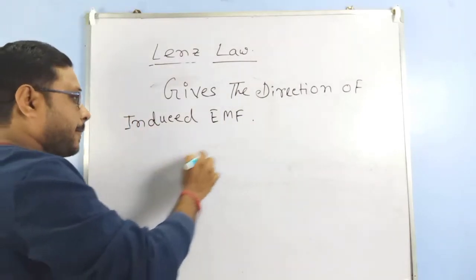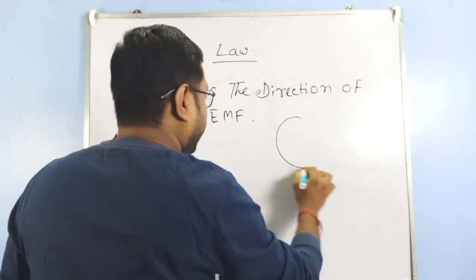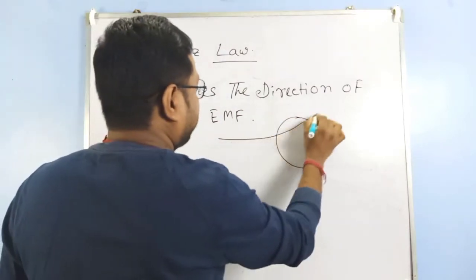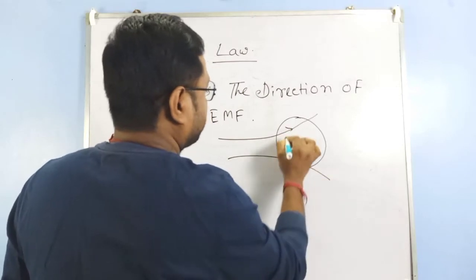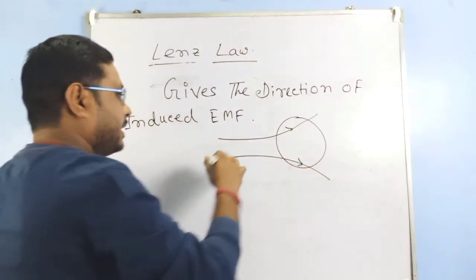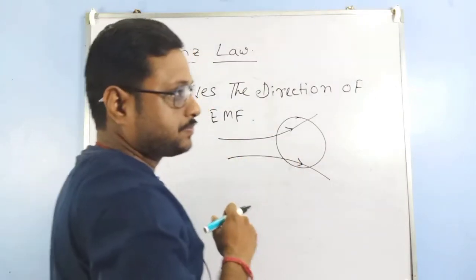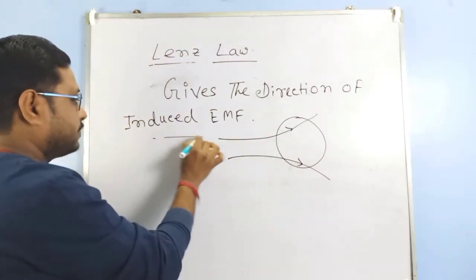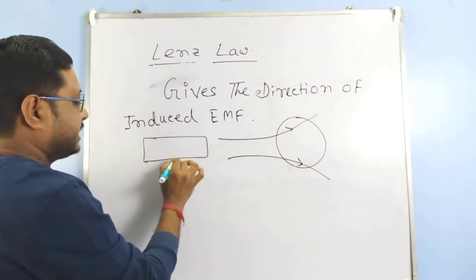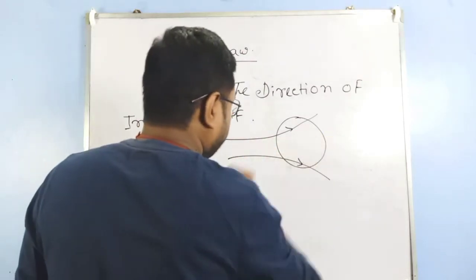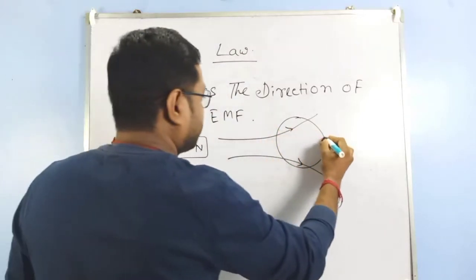Lenz stated that when there is a change in magnetic flux through any closed loop, then a current is induced in that loop due to the relation between the magnet and the coil.